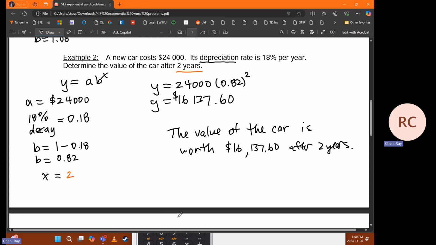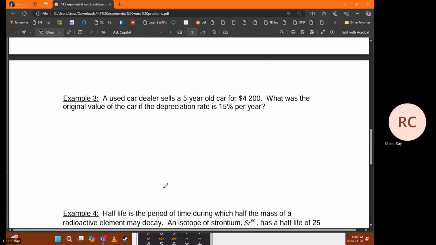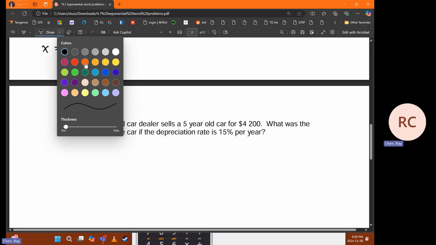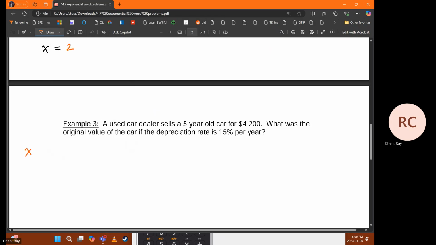Let's take a look at example 3. A used car dealer sells a 5-year-old car for $4,200. What was the original value of the car if the depreciation rate is 15%? This one's a little bit different, a little bit more challenging, but I think a lot of you can understand what we're going to be going through. I think everyone agrees this represents the time frame, so our X value is 5.